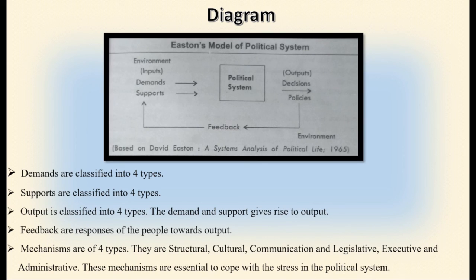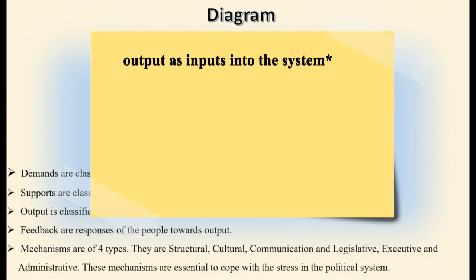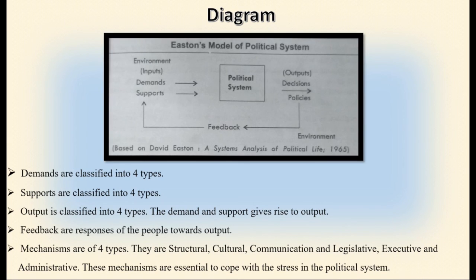Fourth, feedback. The feedback are the responses of the people towards output. The feedback carries the output into the system. Thus, the political system can transform or modify its behavior which suits the feedback.